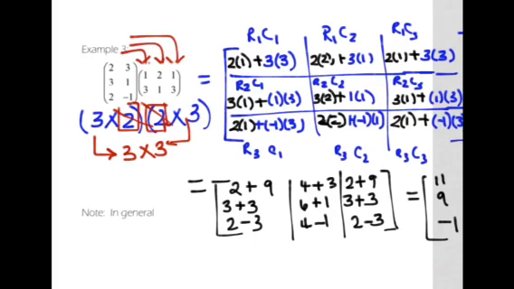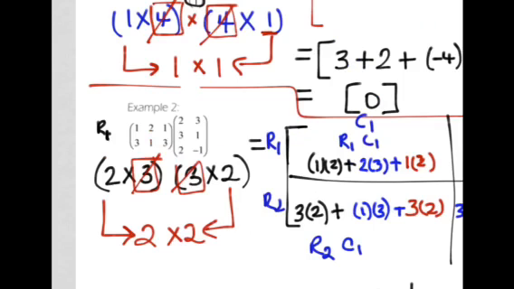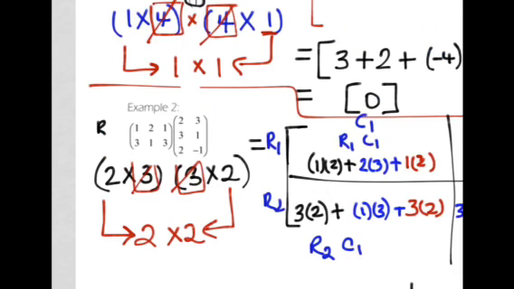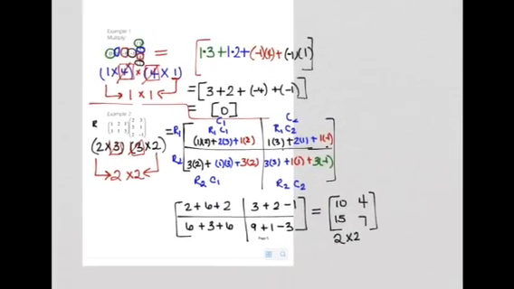In this one, the 1, 2, 1, 3, 1, 3 is second, and here it's first. And 2, 3, 3, 1, 2, negative 1 is the same matrix here. My question to you is, did we get the same answer?